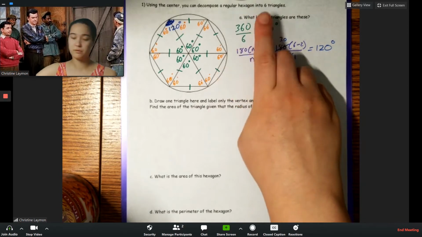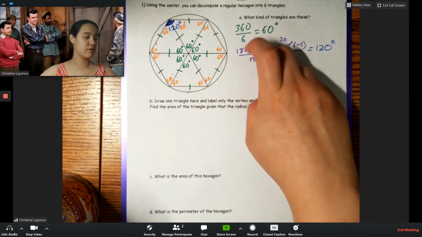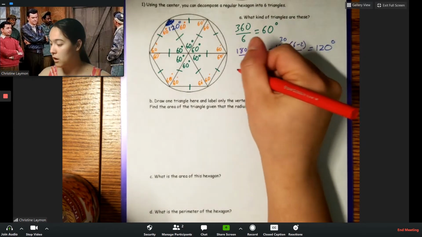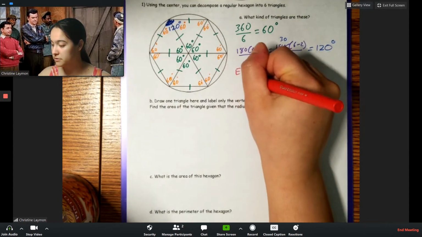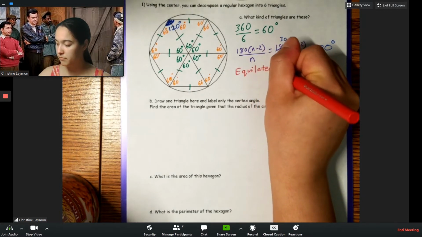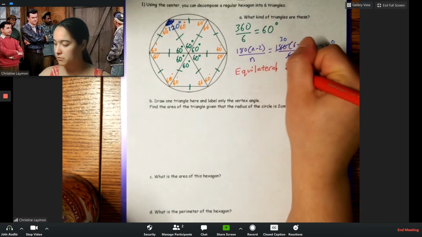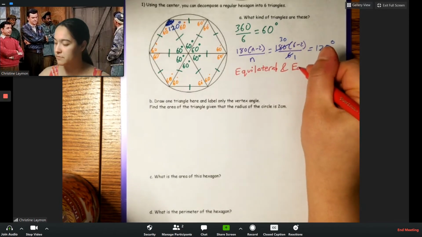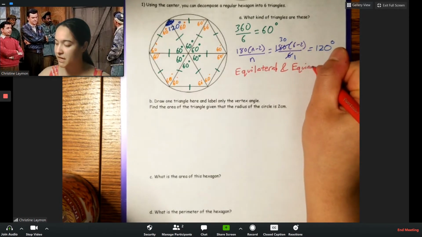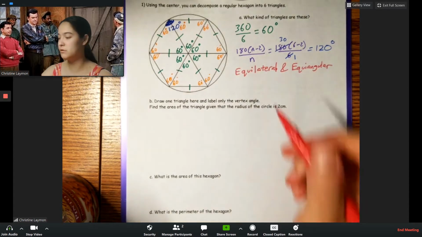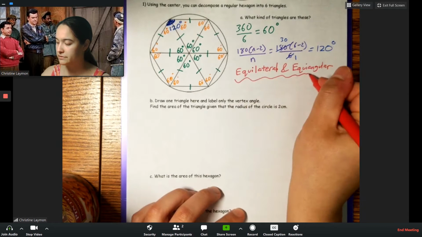So when they ask what kind of triangles we have, what we just showed is that we have equilateral triangles. They're equilateral and equiangular, because all angles are the same as well. That happens at the same time, just two vocabulary words we get to use. So equilateral and equiangular answers their question.